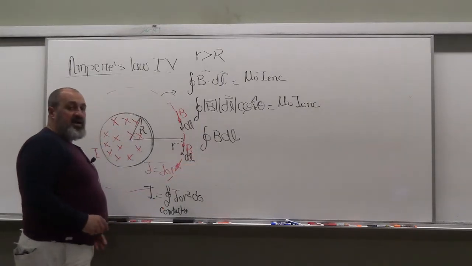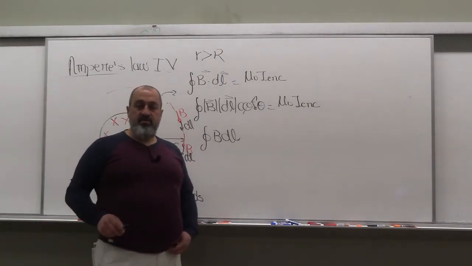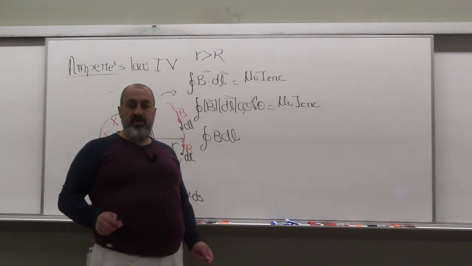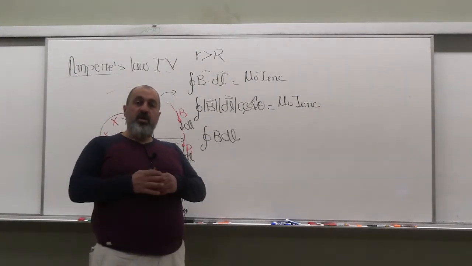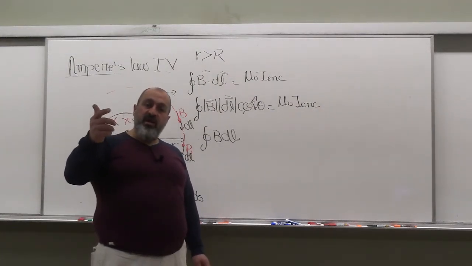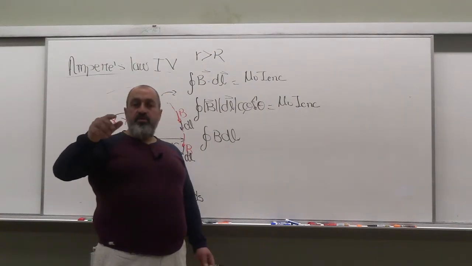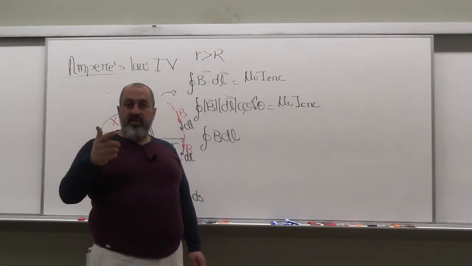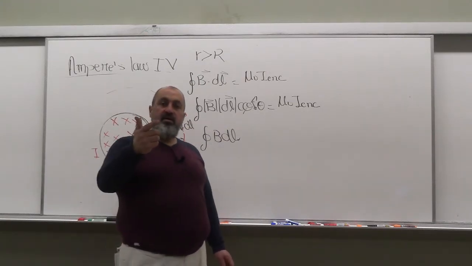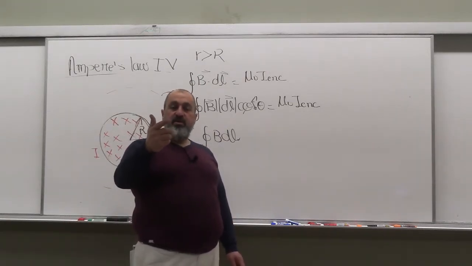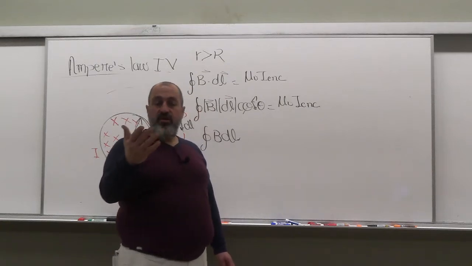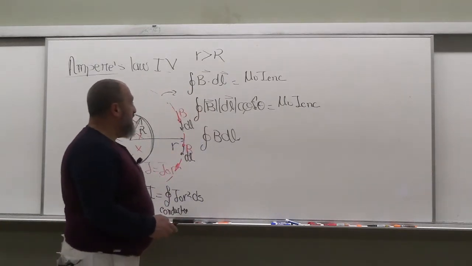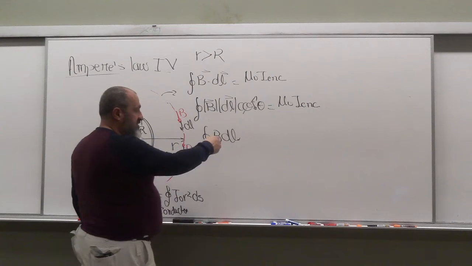That is, again, guys, a reminder that all we need from symmetry in Ampere's law is two things. One is the magnitude of the field along the Amperian loop should be uniform, and also the angle between the field and the length element dl should be either 0 or 90. In this case, the angle is 0, which makes the calculation easy.